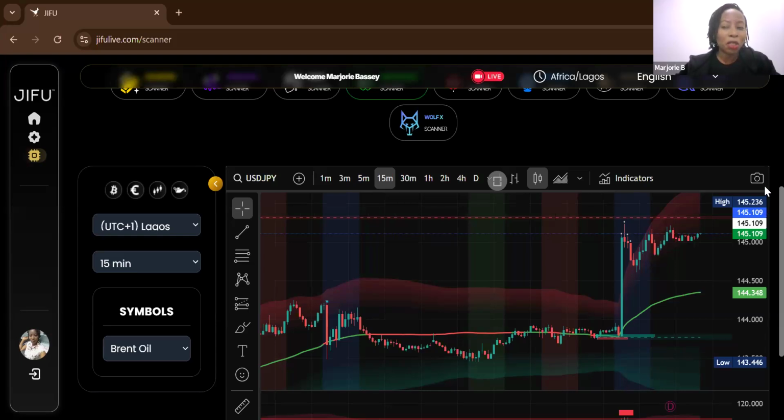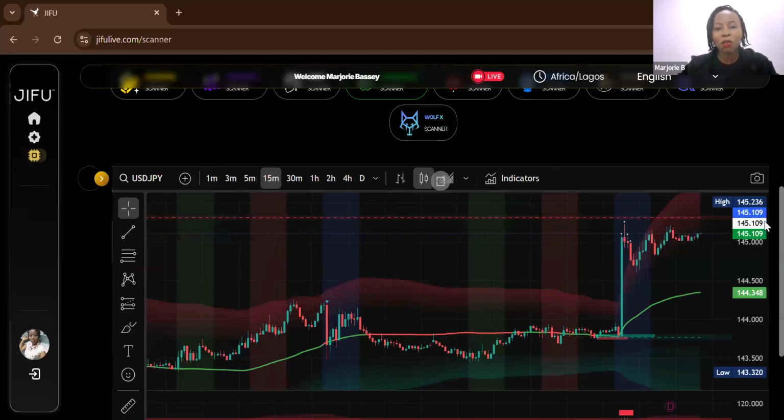So for Smartmonics, a minimum of 15 minutes is what the time frame of the scanner was designed for. So I'm going to just collapse this place. We're clicking this yellow back button so I can have enough space on my scanner.